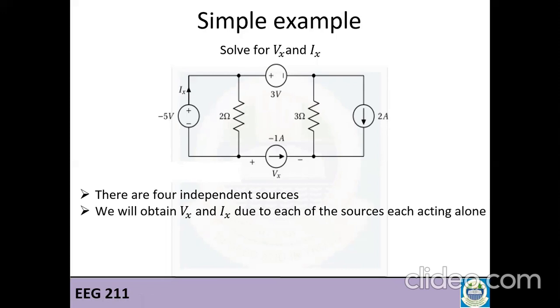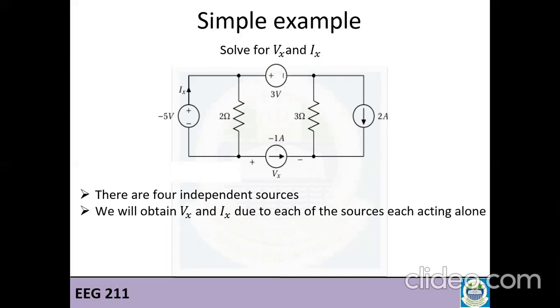And the question is, can we determine the current flowing through the minus 5 volts independent source and the voltage across the minus 1 amp independent current source?